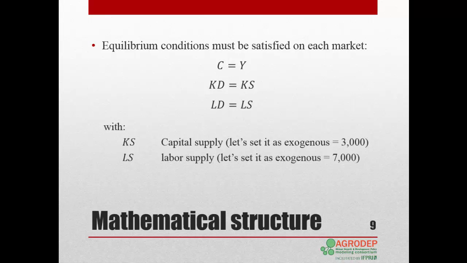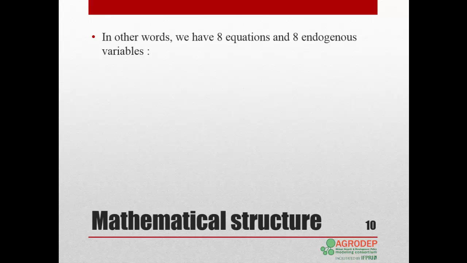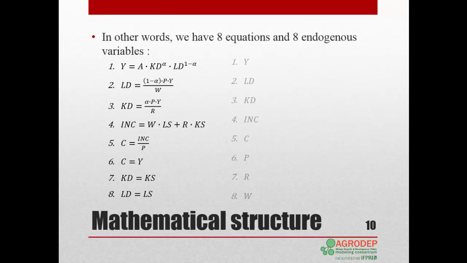So Ks and Ls are set as exogenous variables, meaning they are fixed. In other words, we have now 8 equations and 8 endogenous variables. We do not count the 2 exogenous variables, Ks and Ls.